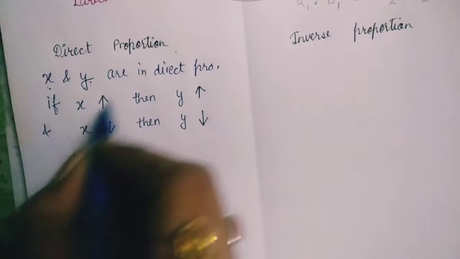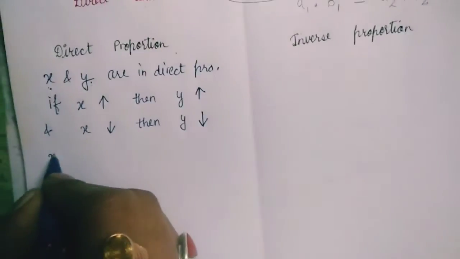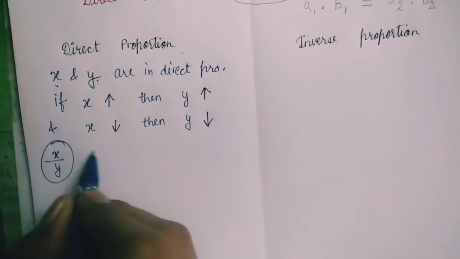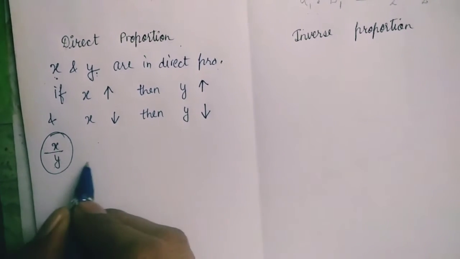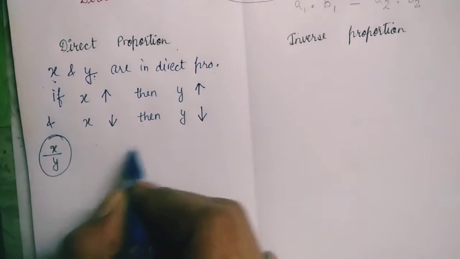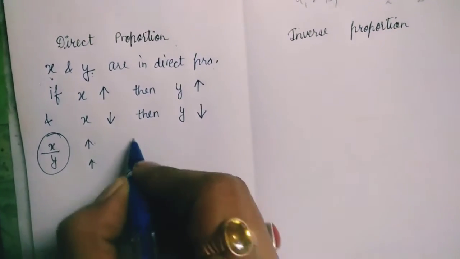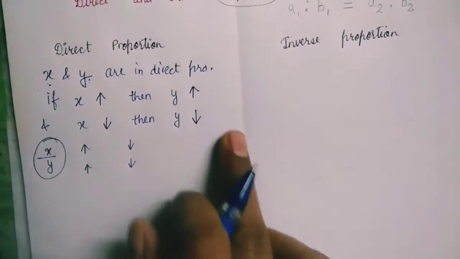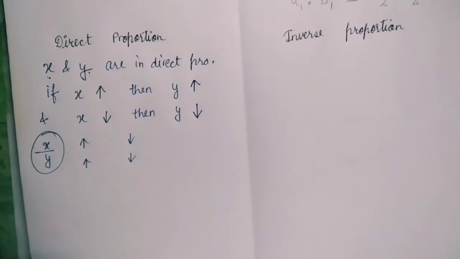Here x and y are in direct proportion, so x and y are in ratio form, where as x increases, y also increases with respect to x. When x decreases, at that time y also decreases. So this is the main concept of direct proportion.